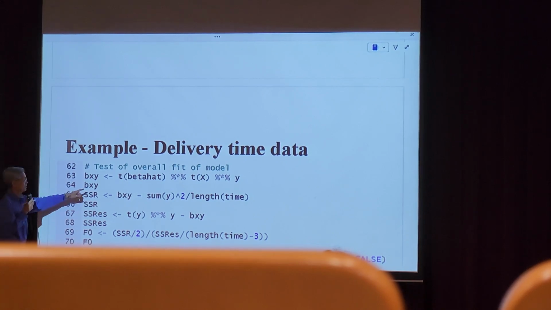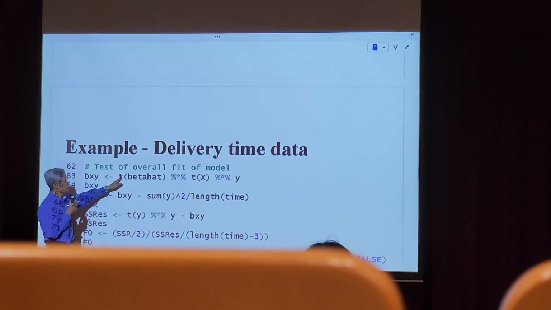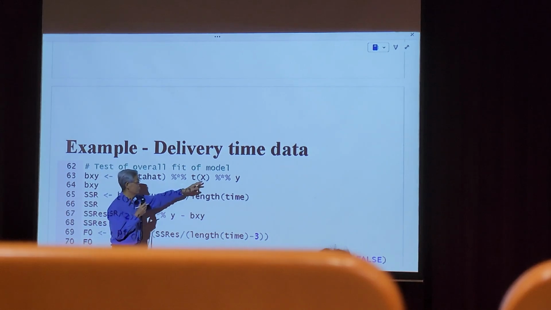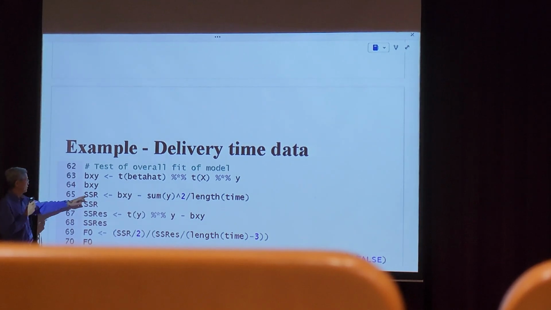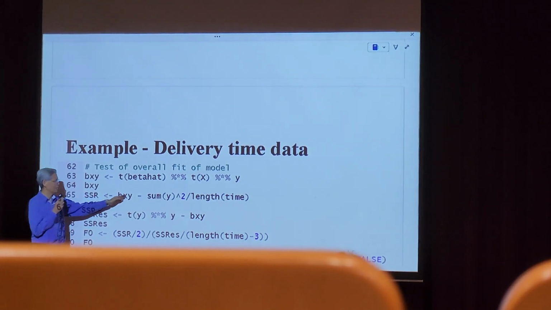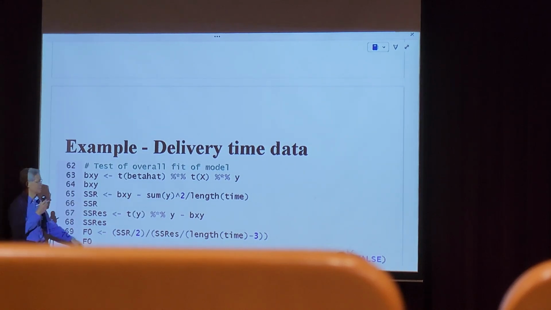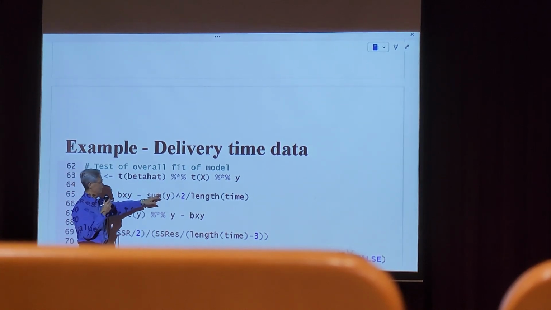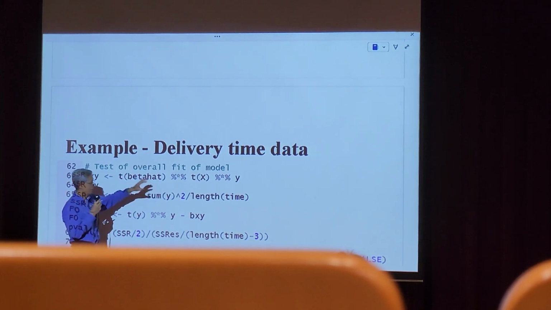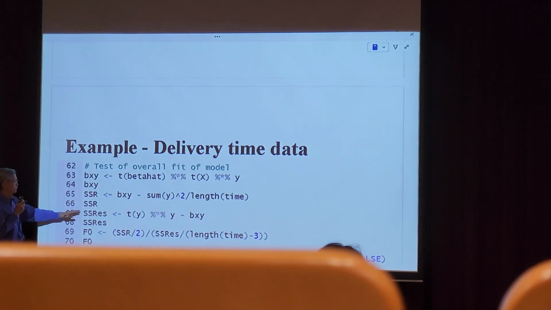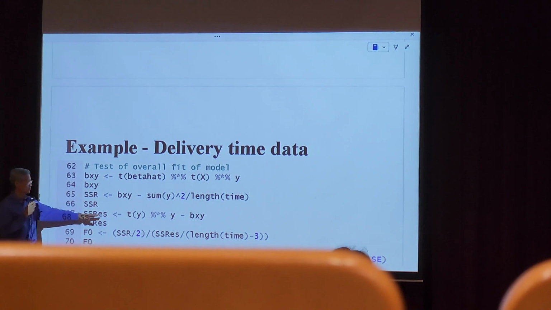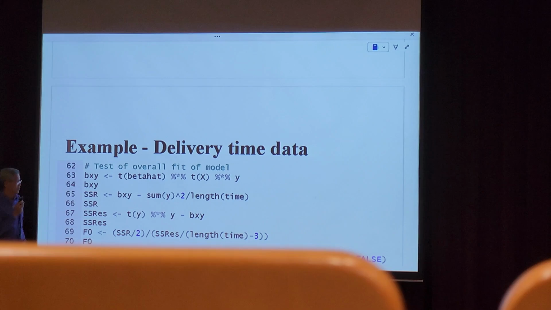I calculate beta hat transpose times X transpose times Y. That is the sum of squares regression: beta hat X'y minus n times y bar squared. The sum of squares residue is the transpose of y times y minus beta hat X'y. After that, you can calculate F naught.